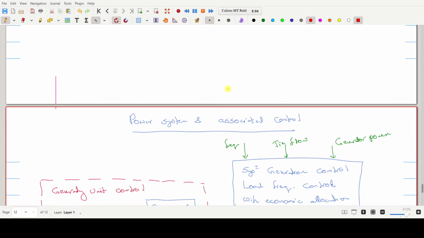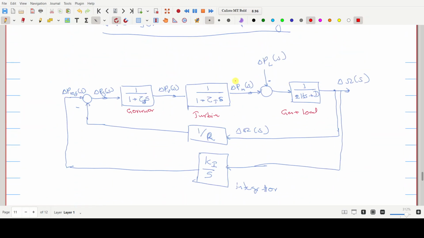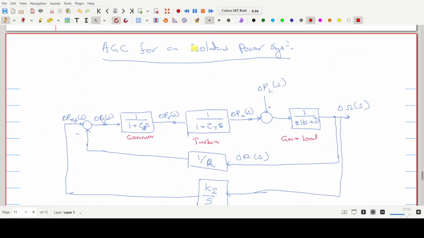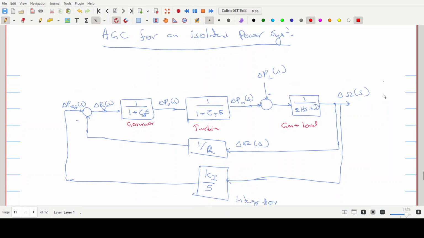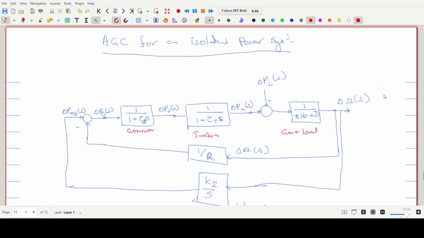So we have taken a single generator as an example, a single synchronous generator connected to the load, and we have derived the control block diagram for that. Next we will look at what will happen when we have multiple such generating units.